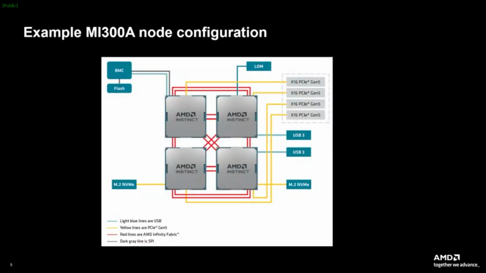On the MI300A side, we have a few more configurations that we are dealing with. So the configuration, for example, that is used in El Capitan has 4 of the MI300A devices on a single node. And because of that, we can use 2 Infinity Fabric links between every single device, leading to higher bandwidth. Again, typically you will have 1 NIC per MI300A device.